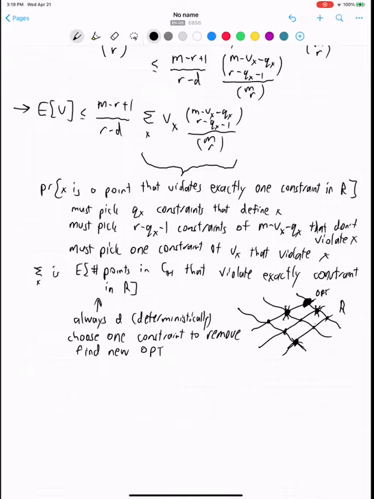And that gives you a point that violates exactly one constraint. Okay, so this whole big summation up here just turns into D.